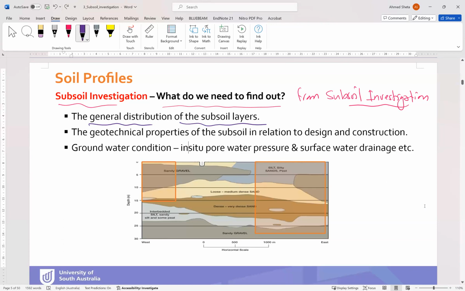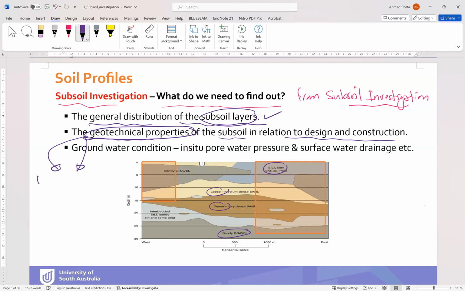So we need to know the subsoil layers. For example, we have silty sand, loose medium sand, dense sand, sandy gravel, and so on. We need to know the layers because each layer has different geotechnical properties. Using that, we will know the geotechnical properties of soil in relation to design and construction. Again, the geotechnical properties such as mechanical properties or hydraulic properties.